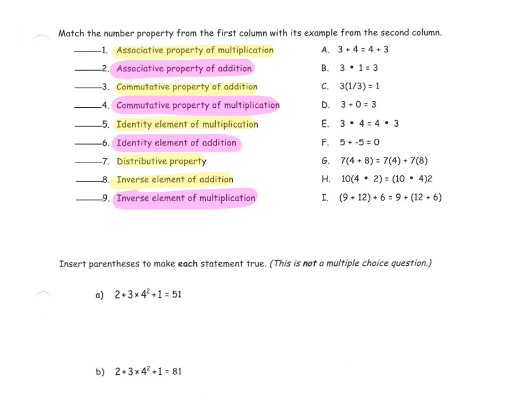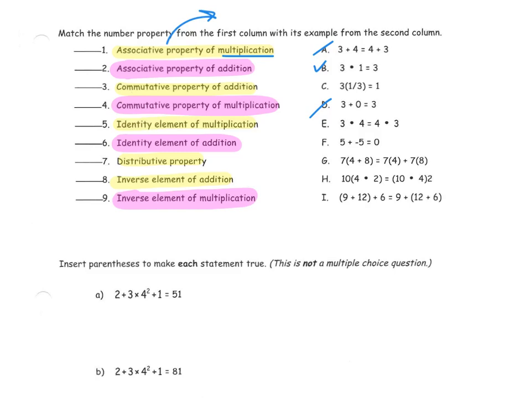So the associative property of multiplication, remember, associative means that the order is not going to change, but the grouping of the numbers may change, so wherever those parentheses are. Now this is talking about multiplication, so I should start running through my answer choices and seeing what I can get rid of. This doesn't have multiplication, this does. This has division and multiplication, so we'll leave that.